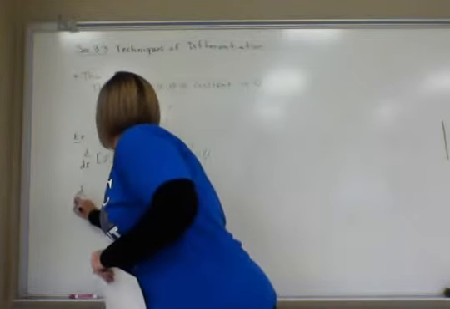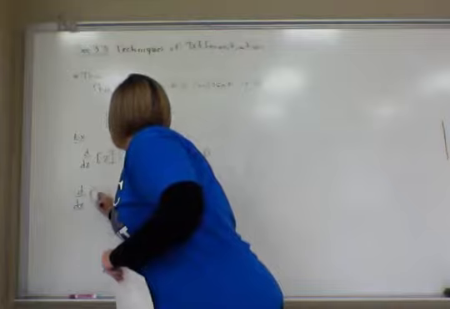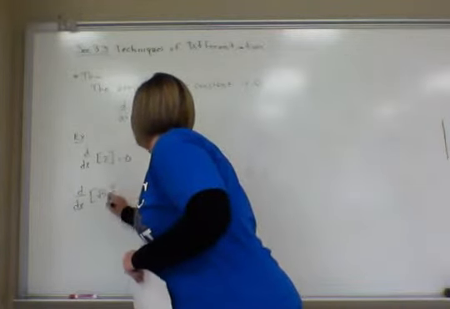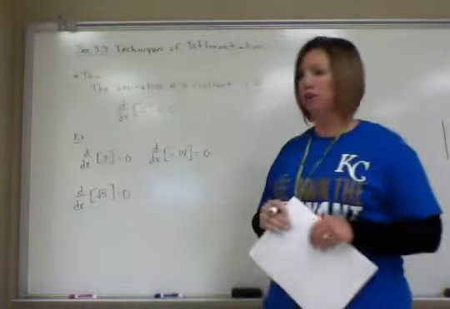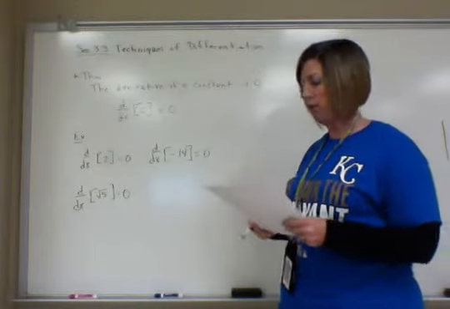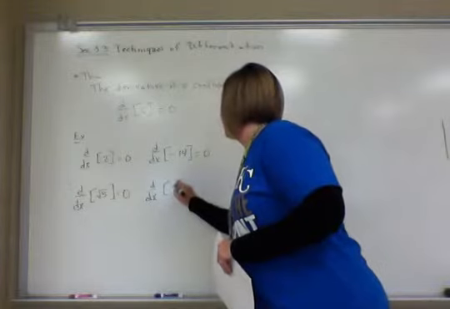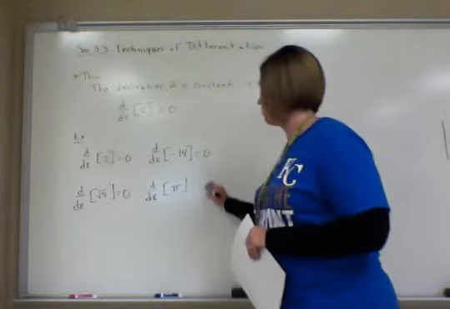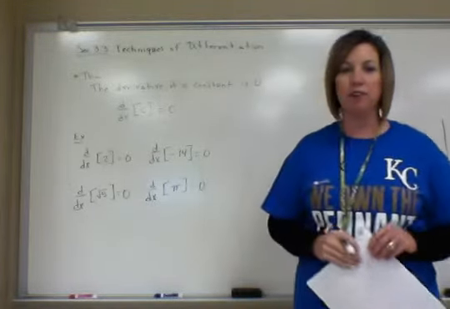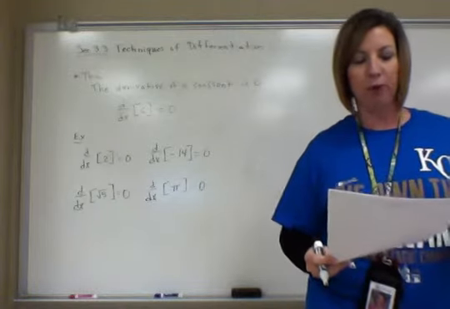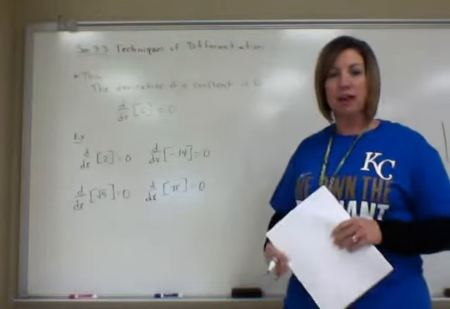How about the derivative of an irrational number like the square root of 5? The square root of 5 is still a constant, so its derivative is also 0. Finally, we can talk about the derivative of something like pi. Remember, pi is really a constant, so its derivative is also 0.